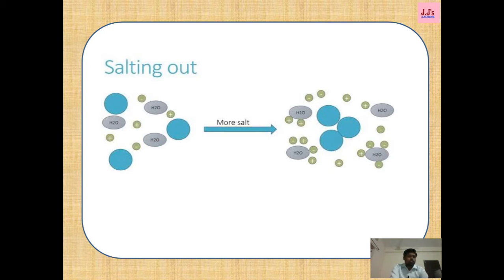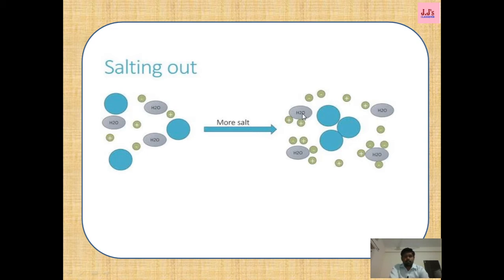According to the statement that the salting out agent has more attraction toward the water molecules, when you add more salt, they attract more water molecules. Here you can see the solute particles are surrounded by the water molecules, so it is difficult to extract those particles. But after addition of the salting out agent, what happened?